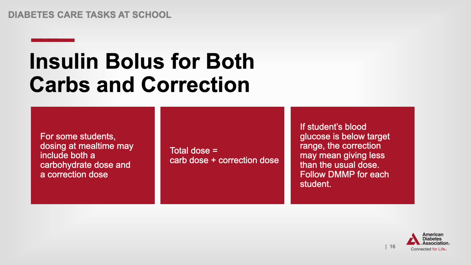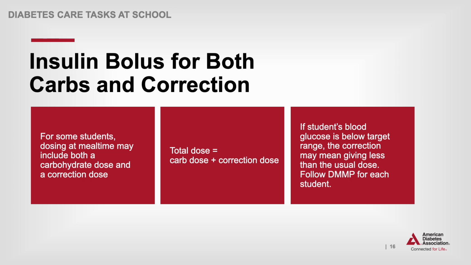For some students, dosing at mealtime may include both a carbohydrate dose and a correction dose for blood glucose that is above or below the target range. In this case, the total dose would be the carbohydrate dose plus the correction dose.